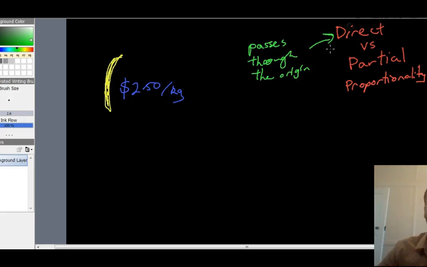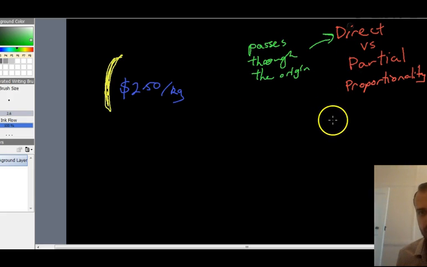And lots of things are directly proportional. Let's say time driving in my car versus distance from my house, provided I started at my house. If I've spent 0 time driving, I'll be 0 kilometers away from my house. As soon as I start driving, I'll be some amount of kilometers from my house. That's direct proportionality, as long as it passes through the origin.